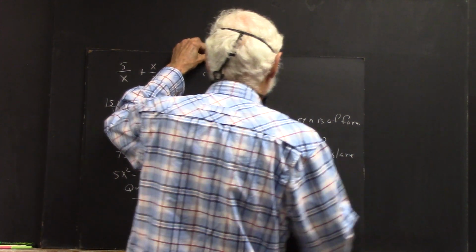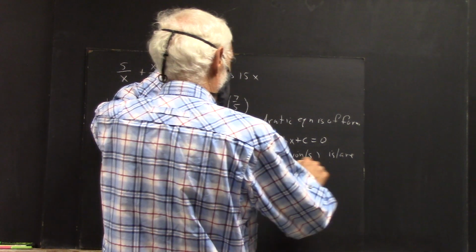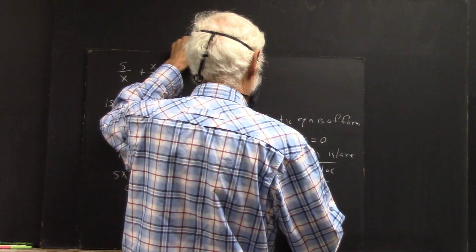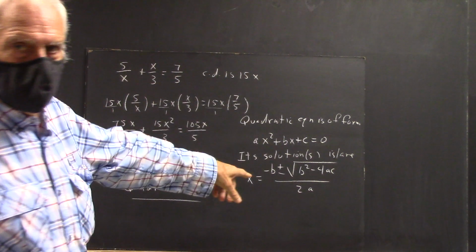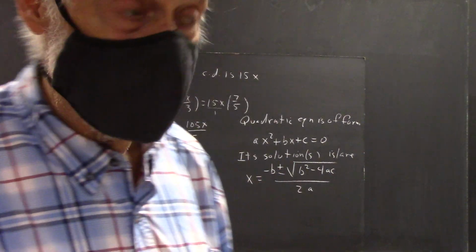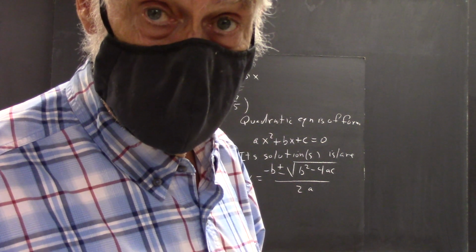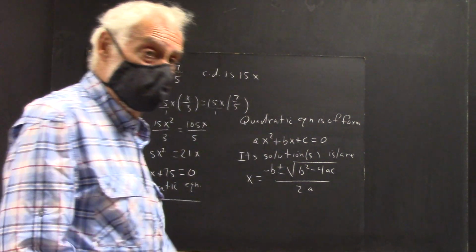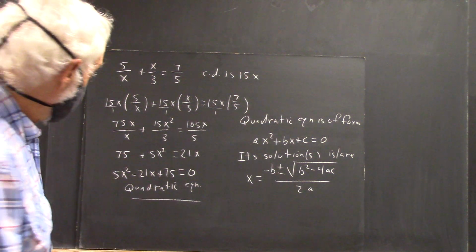Is x equals negative b plus or minus the square root of b squared minus 4ac over 2a. Now, you're eventually going to have to remember this, so you don't have to keep looking it up, and if you have a test, you probably won't have access to looking it up, okay? So you will eventually have to remember, but right now, just write it down, keep it in front of you, and use it a lot, and then you're going to start remembering it.